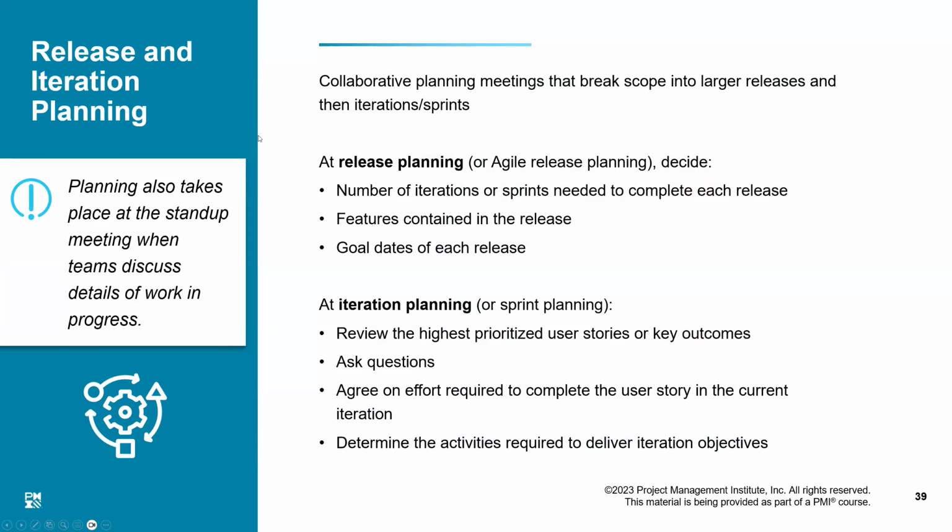Then we have the concept of release and iteration planning. If you can get back to the mindset of the agile way of working, you would understand that we have certain backlogs created. We have a backlog of the product, which is the overall project. Then we have a backlog of the release.